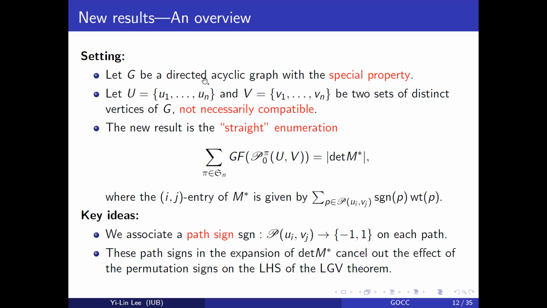There's something in the chat, so let me see. We do have a question in the chat. Rob asks if the determinant of M star is different from the determinant of the original path matrix M. Yeah, they are totally different.